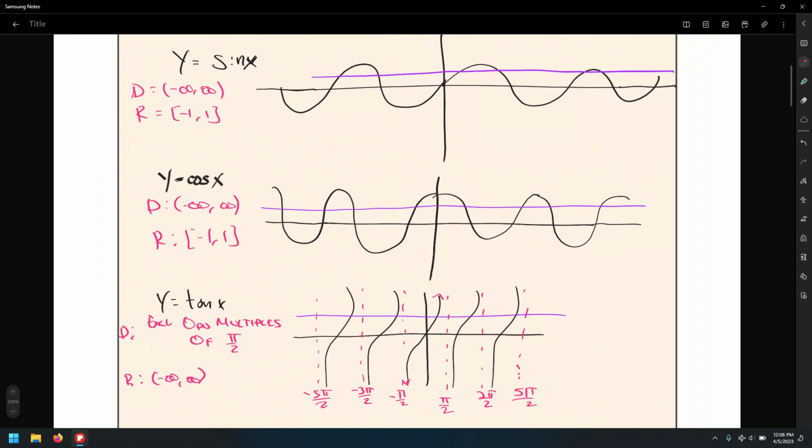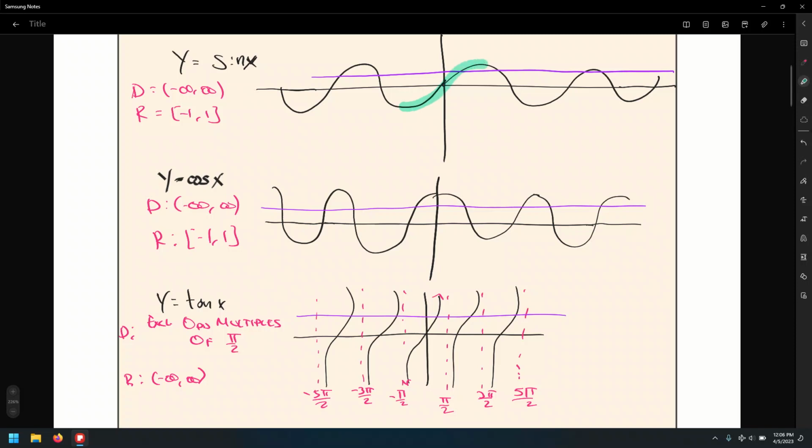I'm going to highlight the portion of the graph of the sine function in a way that we can get an invertible function. That portion of the graph is between negative pi over 2 and pi over 2.